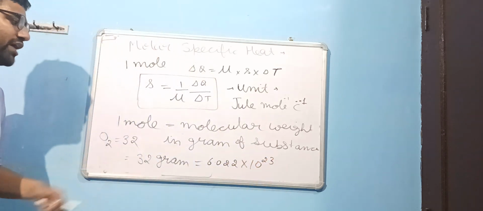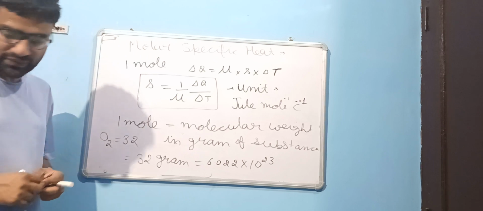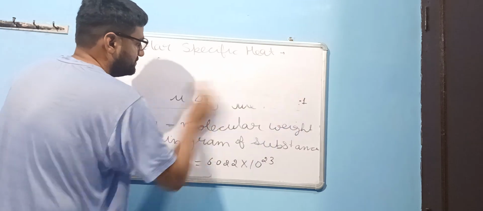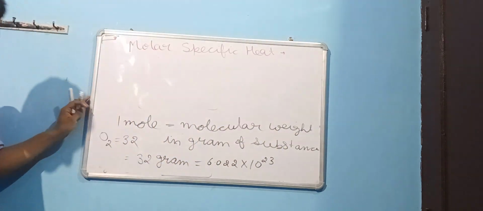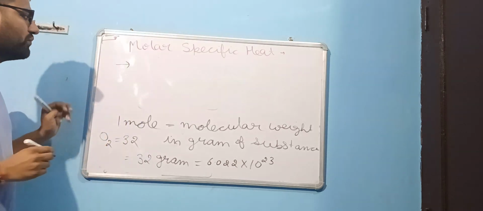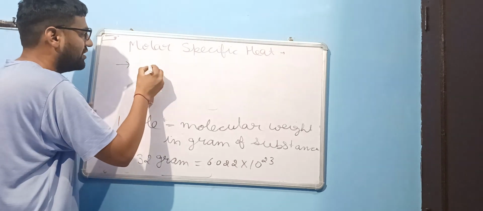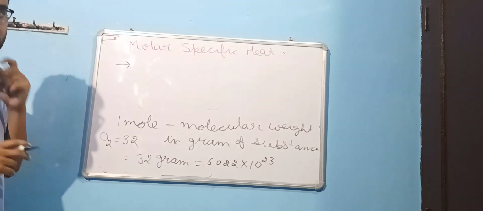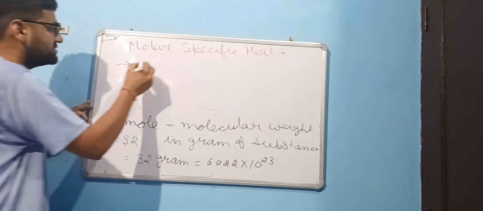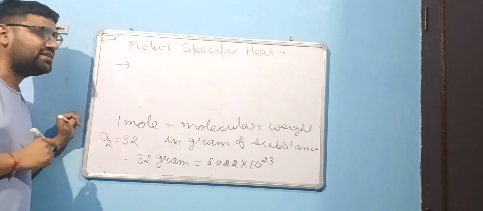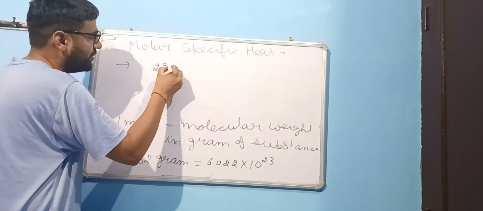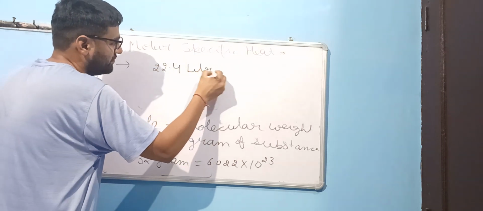It is according to the Avogadro hypothesis. According to him, if we take equal amounts of any gas, then the number of molecules present in this gas will be equal, at normal pressure and temperature. Here Avogadro took 22.4 liter of gas.